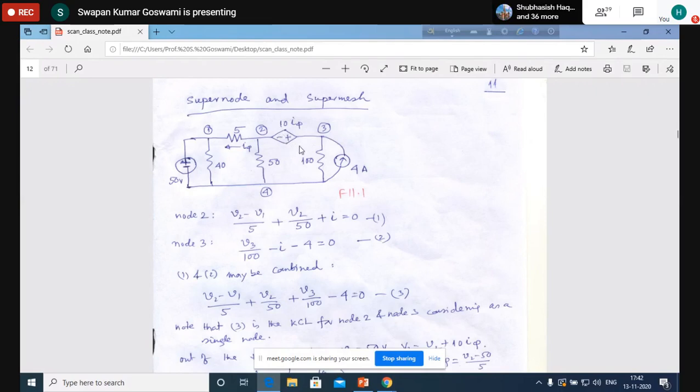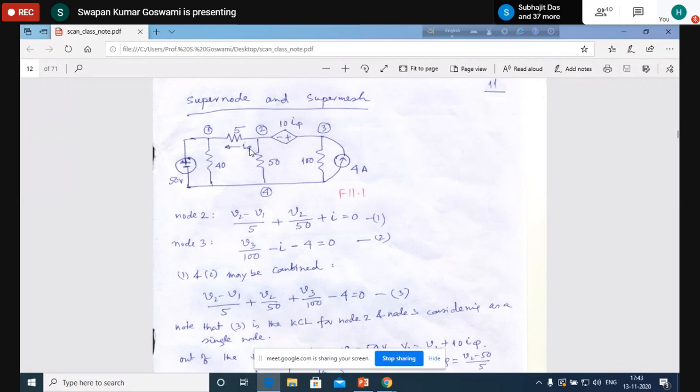When I5 current flows through this branch, a voltage in this source will be developed, and that voltage depends upon this current. What is the dependence? The dependence is 10 times this current value. Like, if I5 changes, the value of the voltage source will also change.